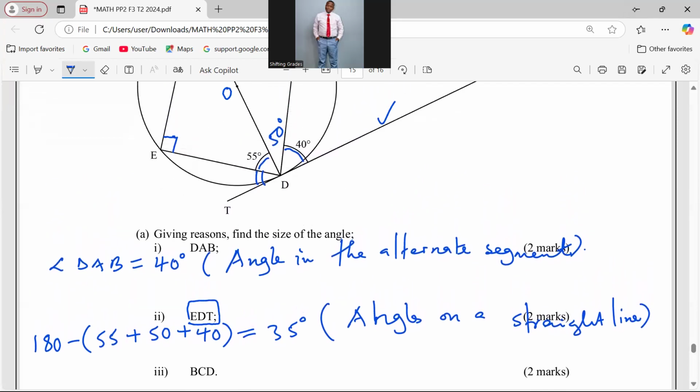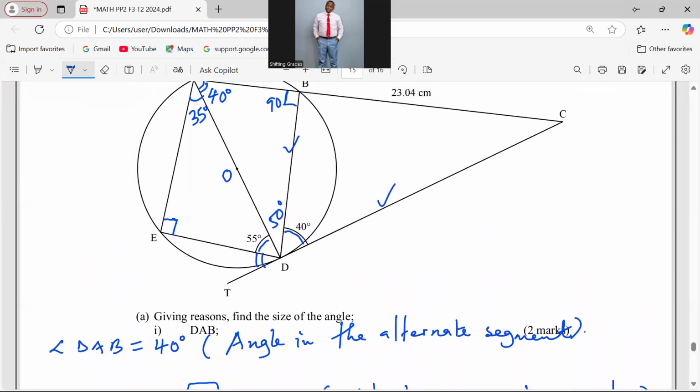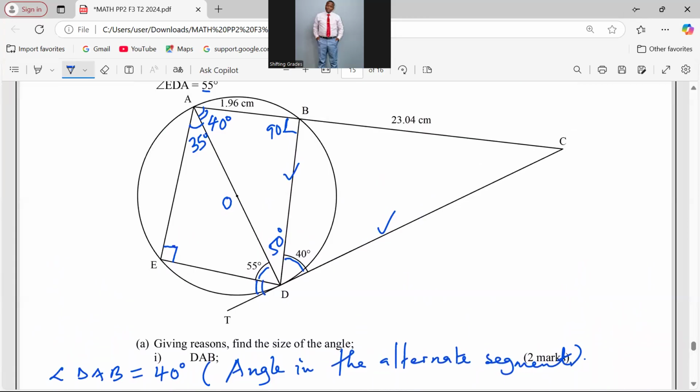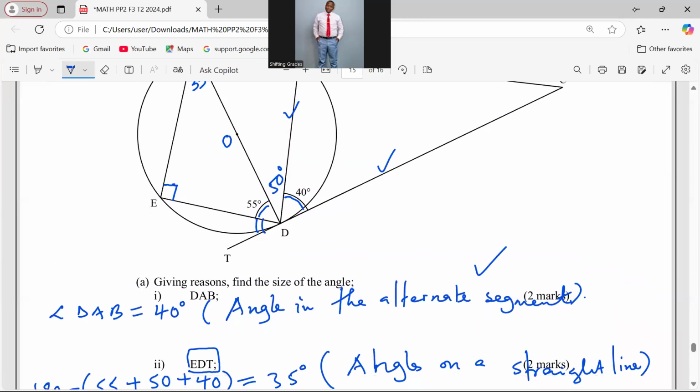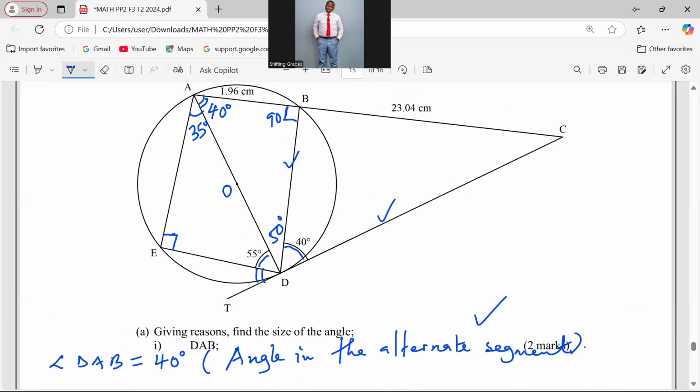Something else that we can use at that particular point is the first principle that we applied to get the first angle, which can also be applied in the reversed approach. For the first one, we were given the angle between a chord and a tangent, and we got the angle in the alternate segment as 40. In this particular case, we have the angle in the alternate segment as 35. Now ours is to get the angle made by the chord producing the angle in the alternate segment and the tangent.